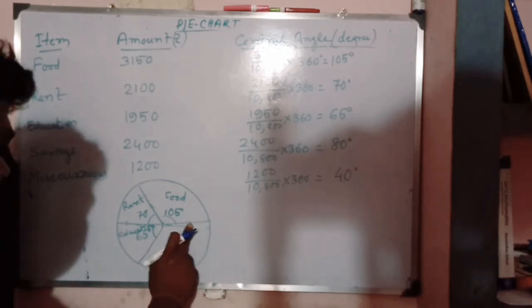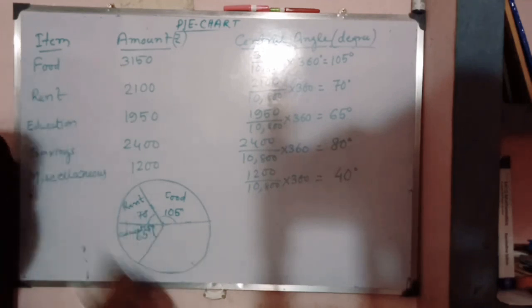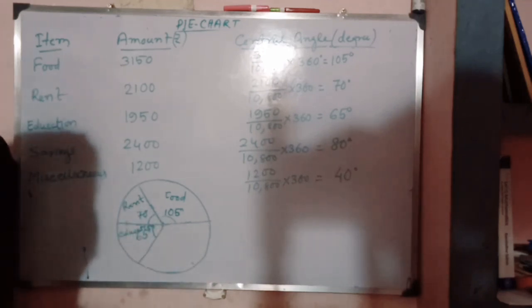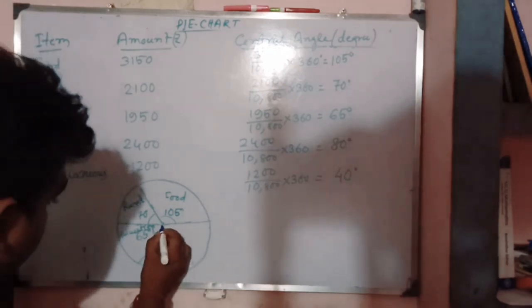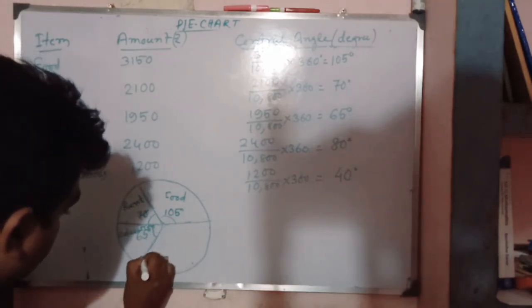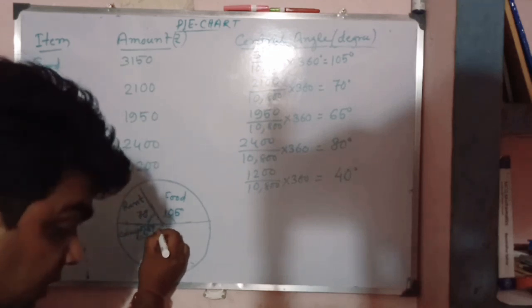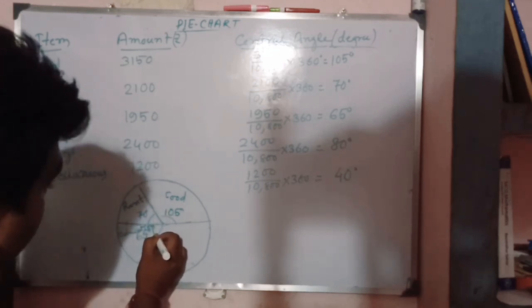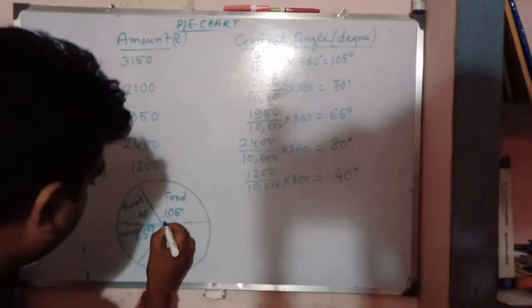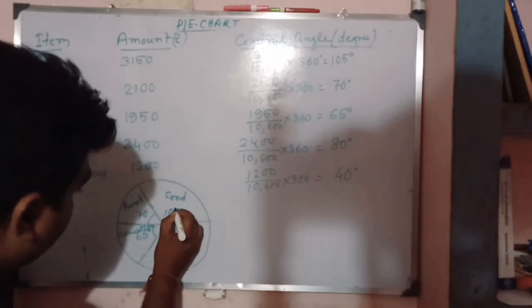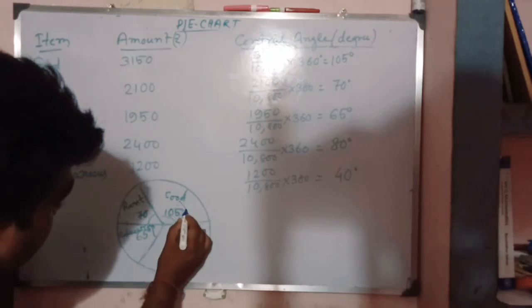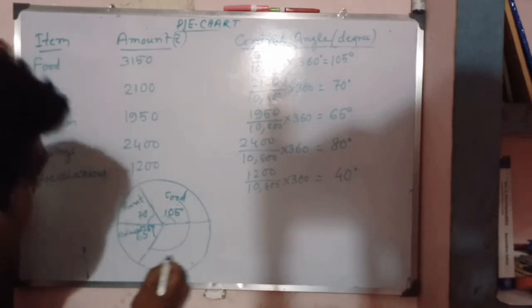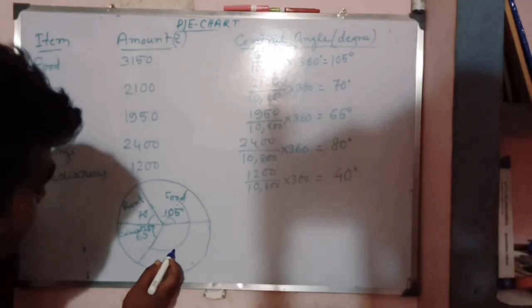Next, savings. We can erase it again. For savings, 80 degree. Again we take this as the base of the protector. We can take the protector and imagine the virtual line. This is the imagination line. Next, we take the same protector over here and draw 80 degree.